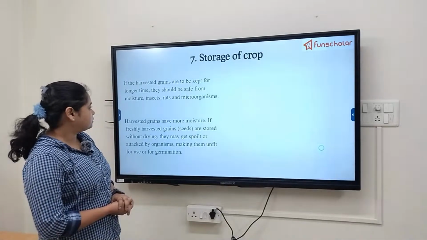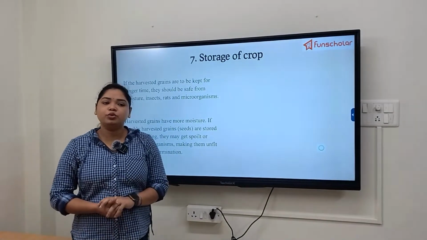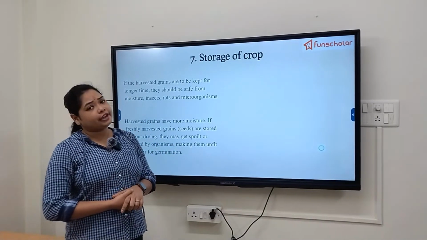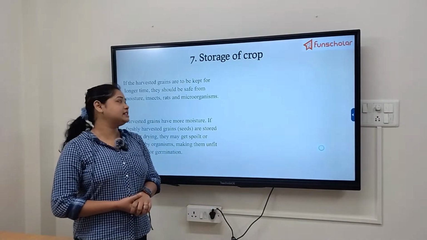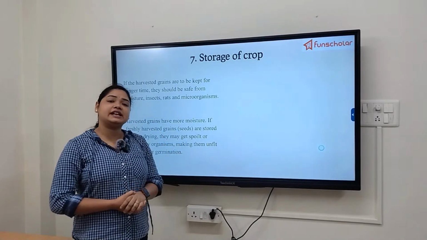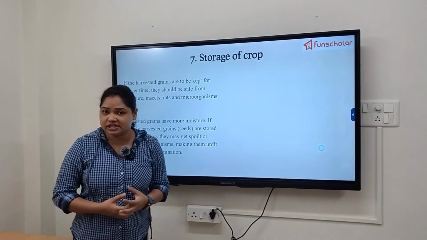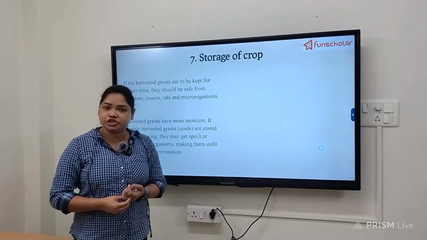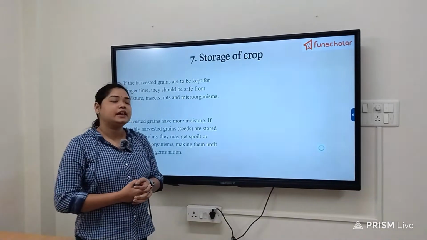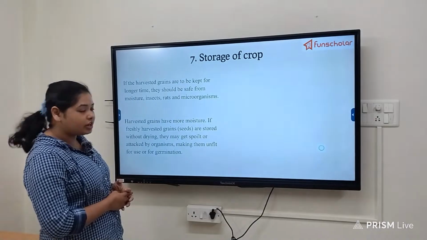Now, crops are very vulnerable to damage caused by microorganisms as well as pests such as insects and rats, as well as weather conditions. Particularly in the monsoon season, whenever there is moisture, microorganisms will grow and destroy the crops. Then there are the pests who will destroy them.